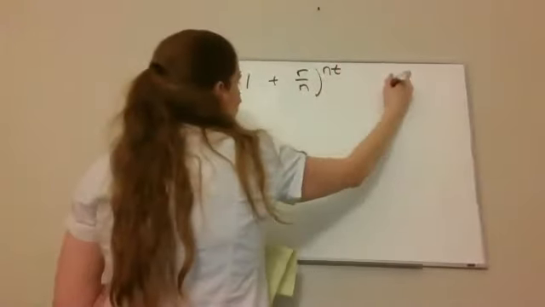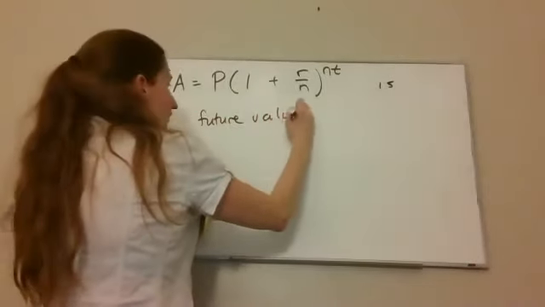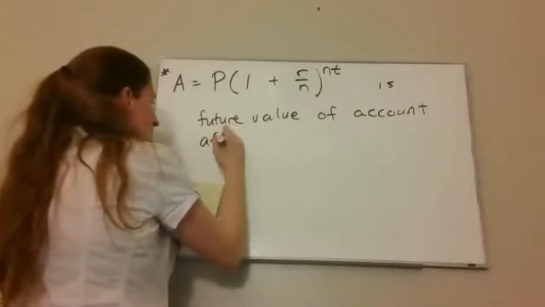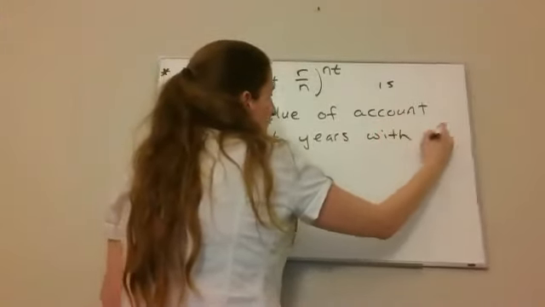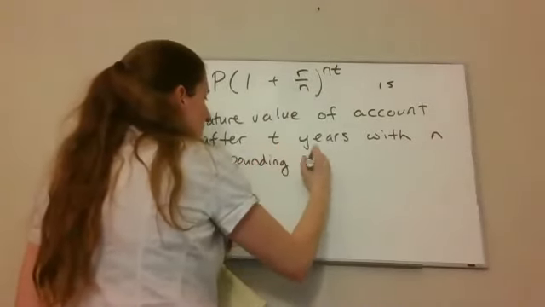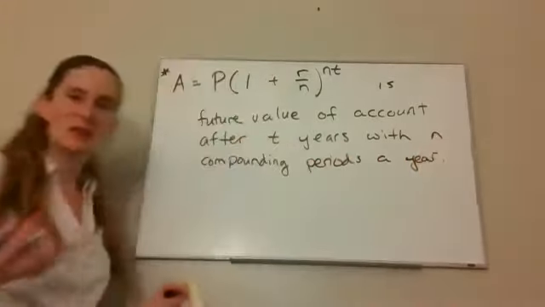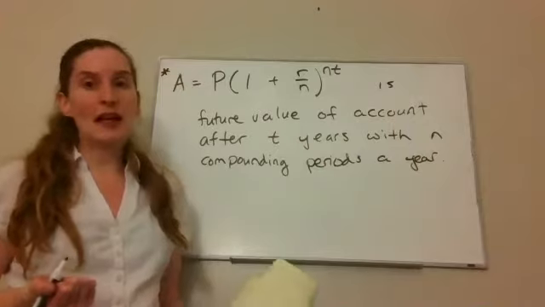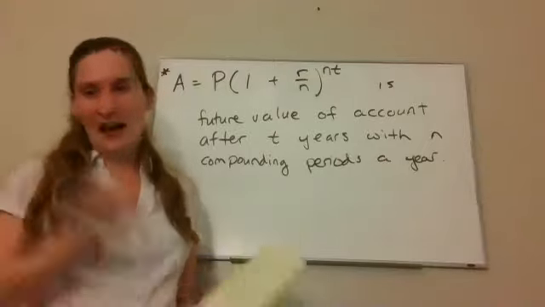This is the future value of the account after T years with N compounding periods a year. So what is a compounding period? That's just how often they're calculating your interest. So if you have an account that's compounded monthly, then 12 times a year, they're going to calculate what the interest is and add that to your account.